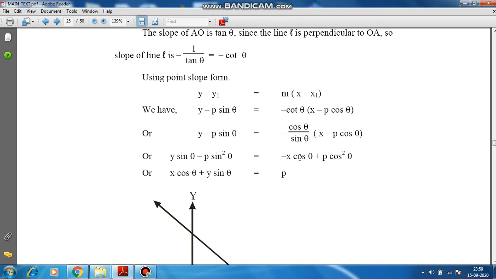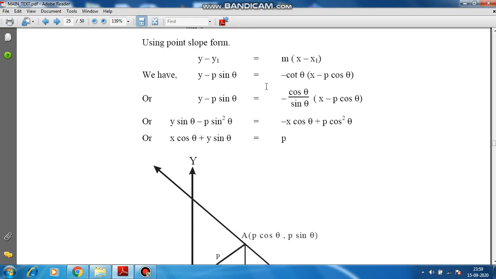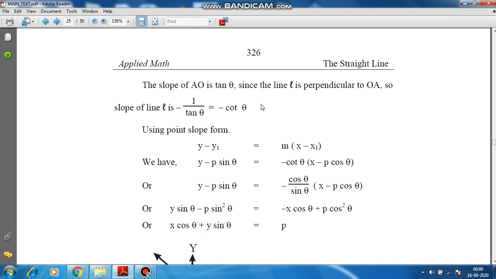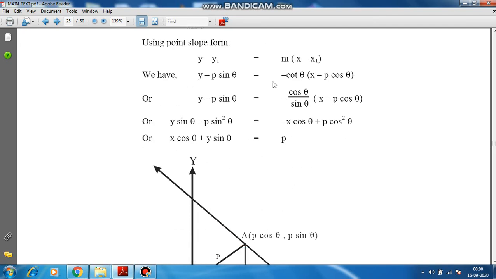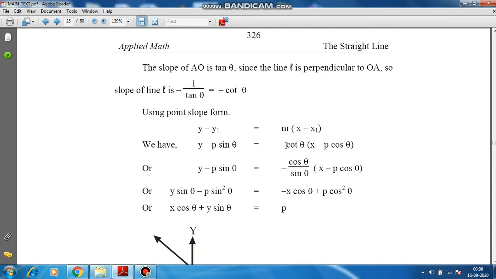So the equation becomes y minus y1, that is p sin theta, equal to m, the slope, into x minus x1. x1 is p cos theta, and on simplification we get x cos theta plus y sin theta equal to p. So this is the equation of the line: x cos theta plus y sin theta equal to p.